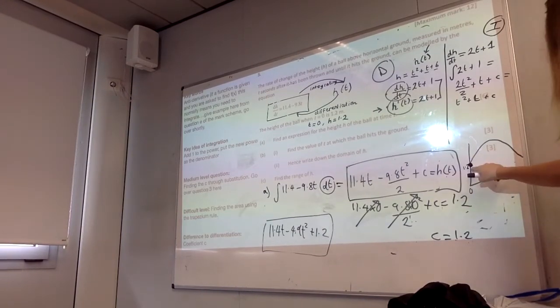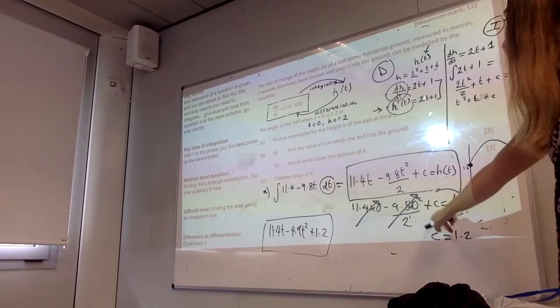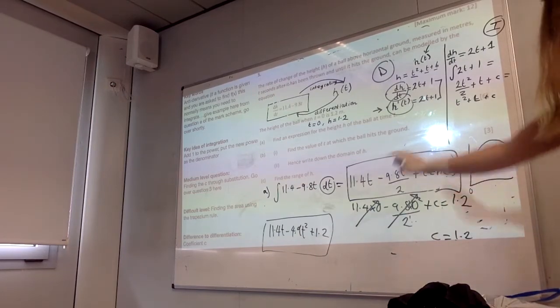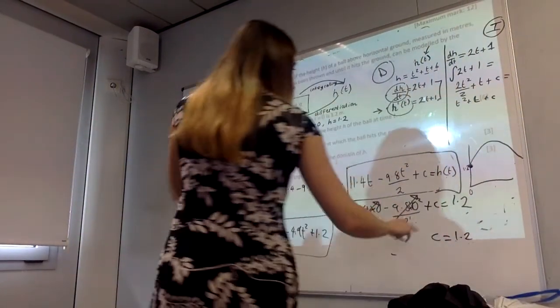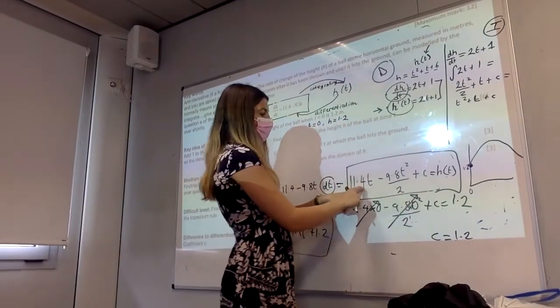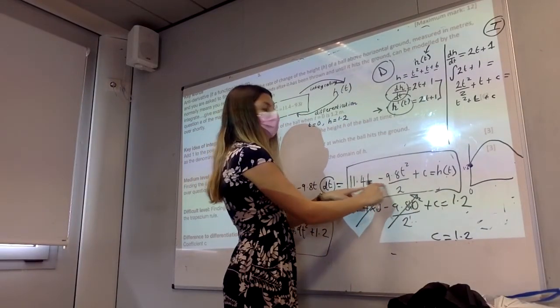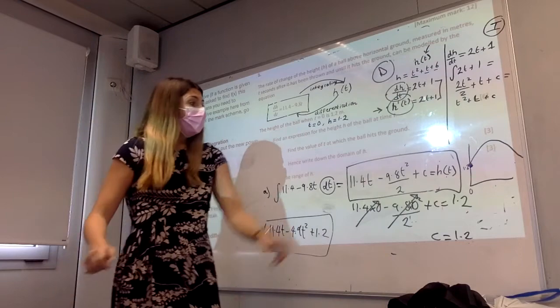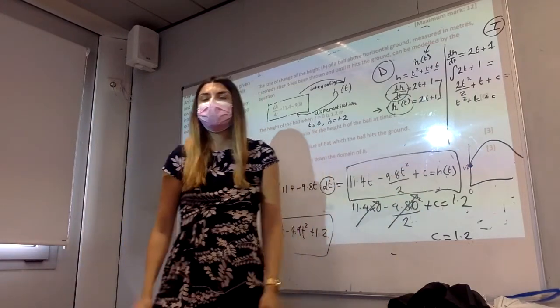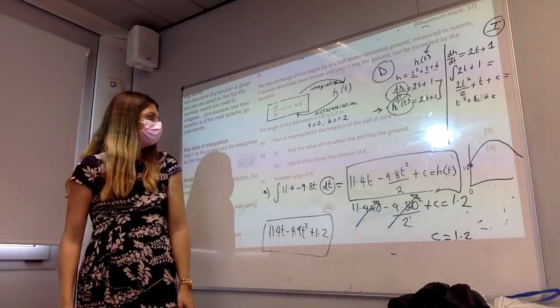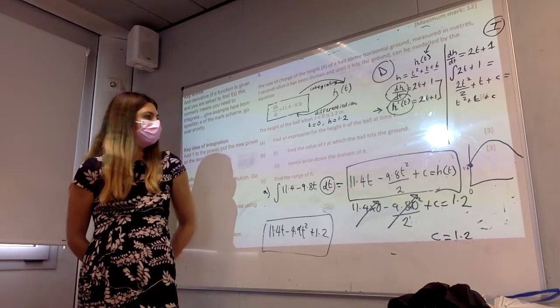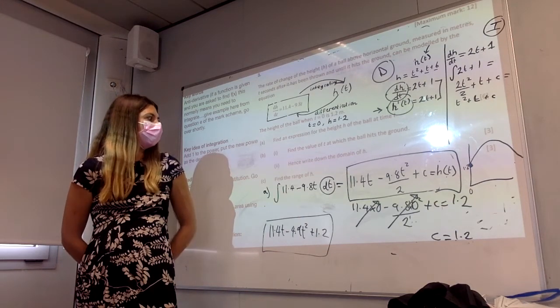When you substitute that in, you get that C is 1.2 because it all cancels out. So then our quadratic graph is going to be 11.4t minus 4.9t squared plus 1.2. I forgot about the h of t, so I thought you needed to do some working out to get the 1.2.